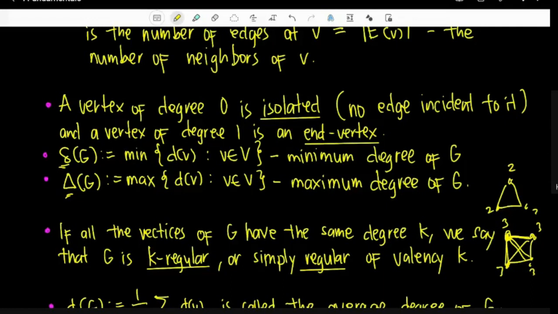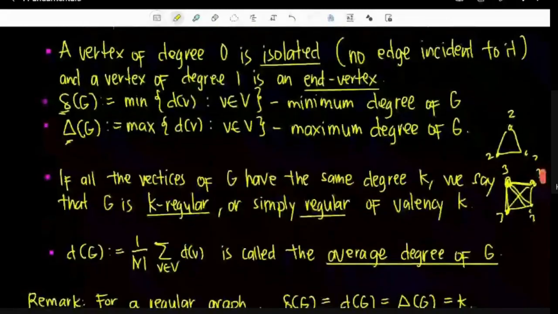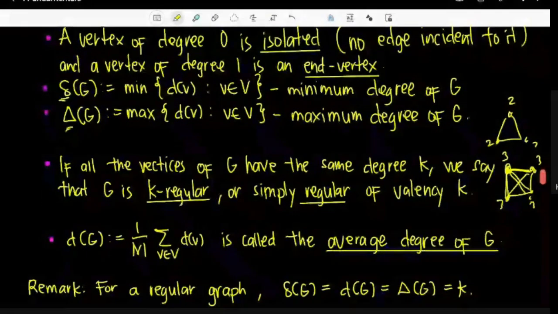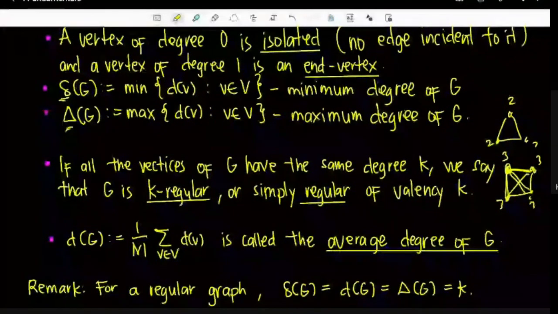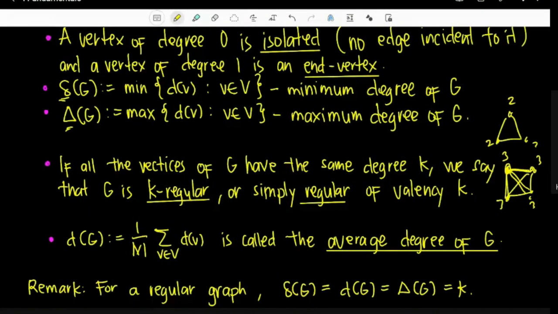So, again, if it's regular, meaning all the vertices have the same number of edges connected to them. In general, if you count the total number of degrees for each vertex, and you divide it by the total number of vertices, that's the average degree of G. So we denote that as d of capital G, the degree of the graph.